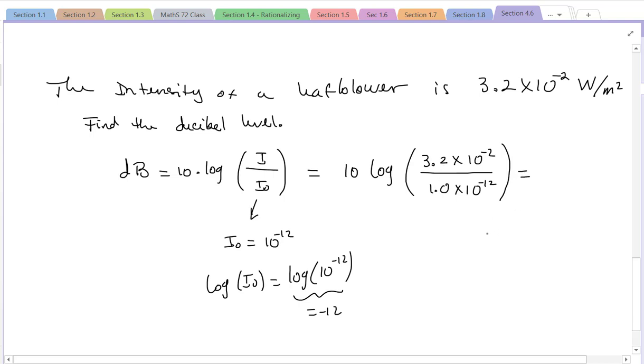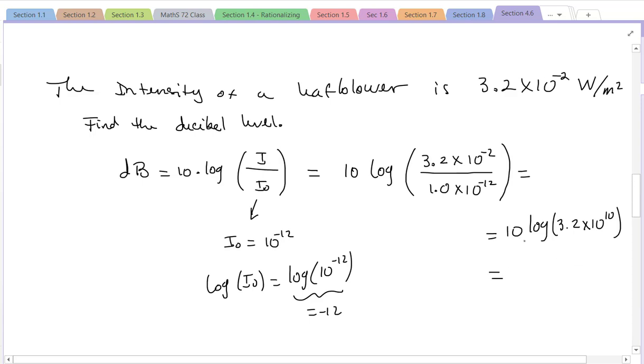So this will be equal to 10 times the log base 10 of 3.2 divided by 1, which is just 3.2, and then I have 10 to the minus 2 divided by 10 to the minus 12. So I can subtract the exponents. Minus 2 minus a minus 12 becomes plus 12. So this is 10 times log of 3.2 times 10 to the 10, right? Negative 2 plus 12. And now I can put that in our calculator.